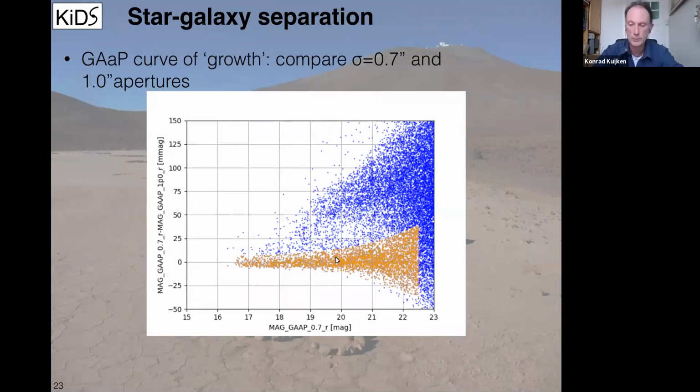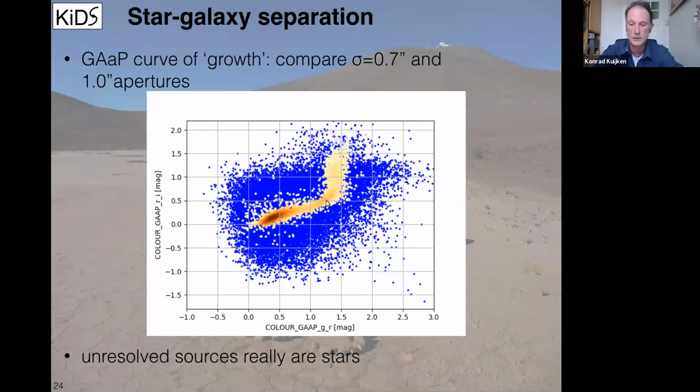So if you do some simple selection to try to pick out this sequence, and you then look at this in a color diagram, these are the same objects, and you see indeed the things that morphologically look like stars by this technique also, in terms of color, look like stars and not like the galaxies, which are a big blob of color space here. So this really works, and it works down to levels where it looks better than other ways to do star galaxy separation.